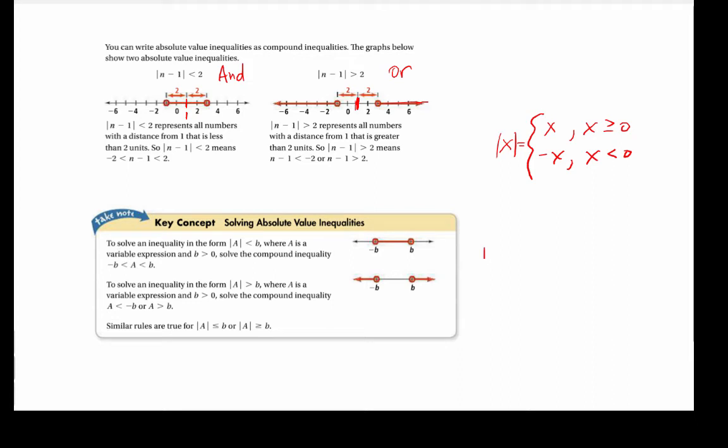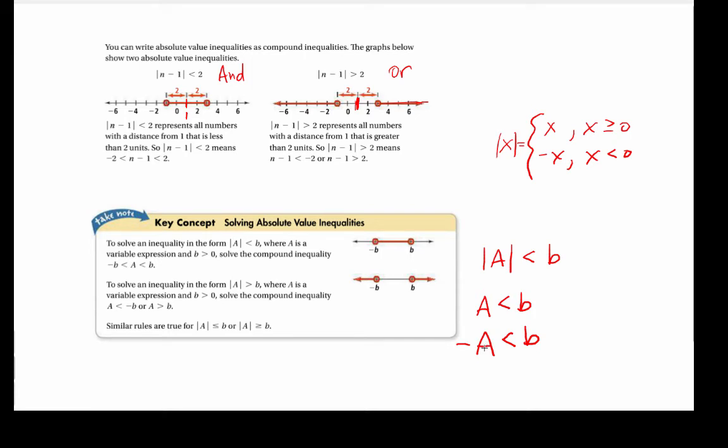Well, if I take my expression A, it's less than B, what I actually have to do, and they're kind of leaving this out here, is that I have to look at this and I have to look at this. Okay, and that goes back to the definition of absolute value. Here I'm fine. Positive expression less than B. Here I'm not fine.